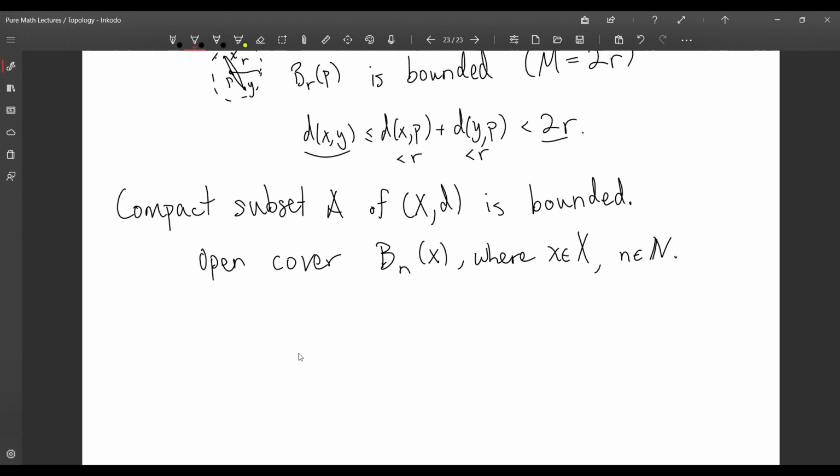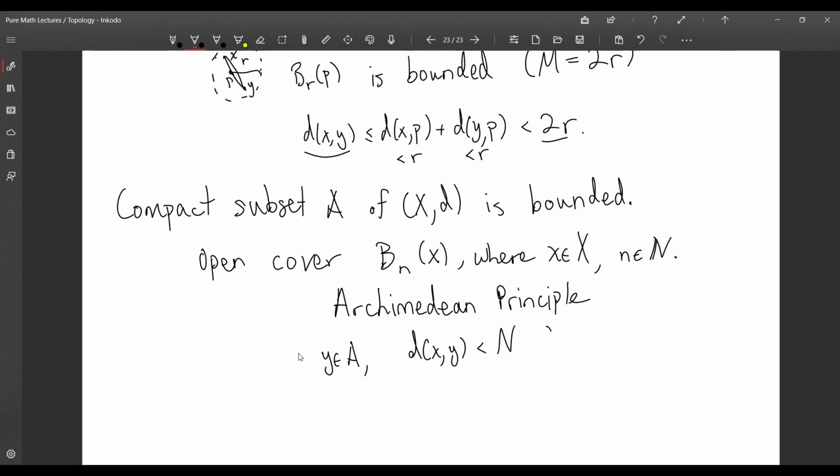So what this means is that this is an open cover, because you're essentially just saying that, and this actually has to do with another thing from real analysis, which is called the Archimedean principle. Which is that if y is in A, the distance between x and y has to always be less than n for some n in the natural numbers, right?